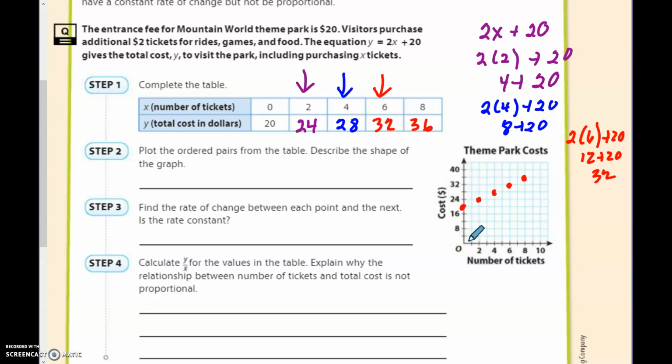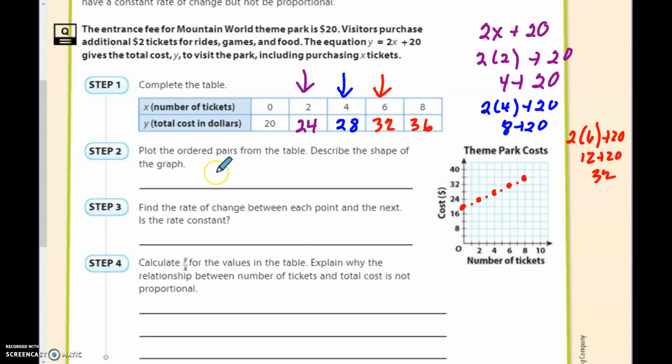And the answer is no, because I'm never going to buy just 1 ticket or 3 tickets, or there's never going to be cost between them because they're 2 tickets for rides, $2 a ticket. So I can buy 1 ticket and be right here between, but I am never going to get less than 1 ticket. I'm never going to get a half a ticket. So I am not going to connect these.